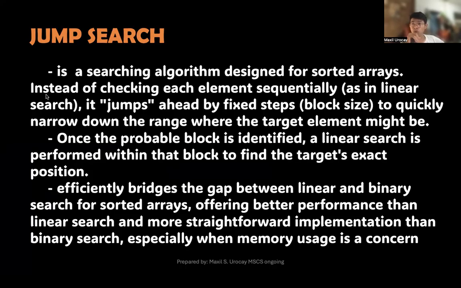Once you go back in there, you will begin to perform the linear search accordingly. In that way, you could find that given element, if and only if the element is located in that place.